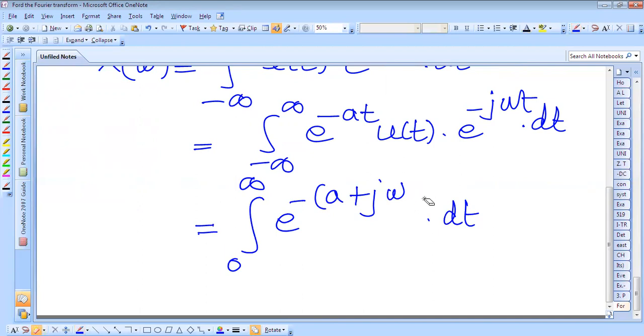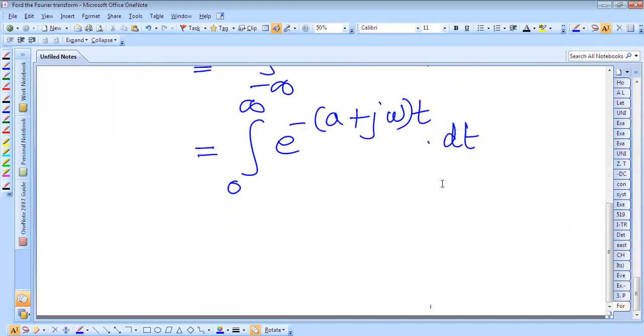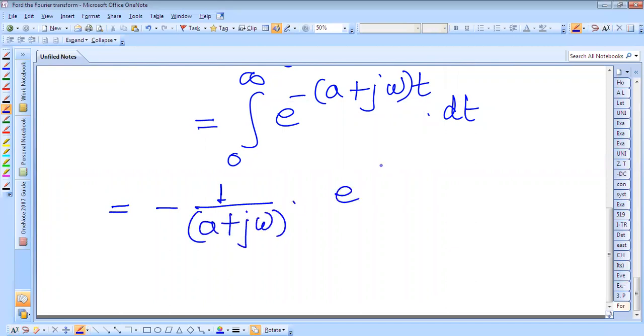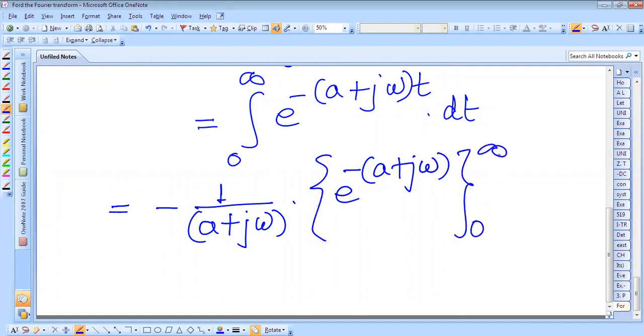So it is minus 1 over a plus j omega into e raised to power minus a plus j omega t, from 0 to infinity.